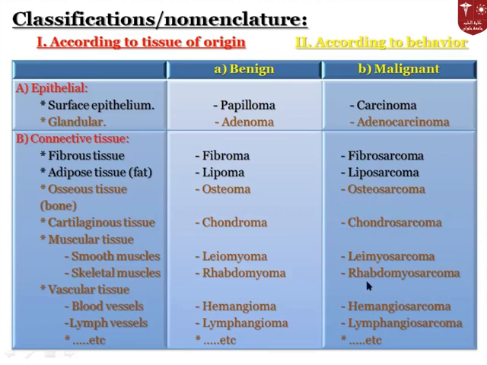Skeletal muscles, rhabdomyosarcoma. Blood vessels, hemangiosarcoma. Lymphatic vessels, lymphangiosarcoma, and so on. Okay, we will return again to the nomenclature in more detail in lecture number 3 in this module.